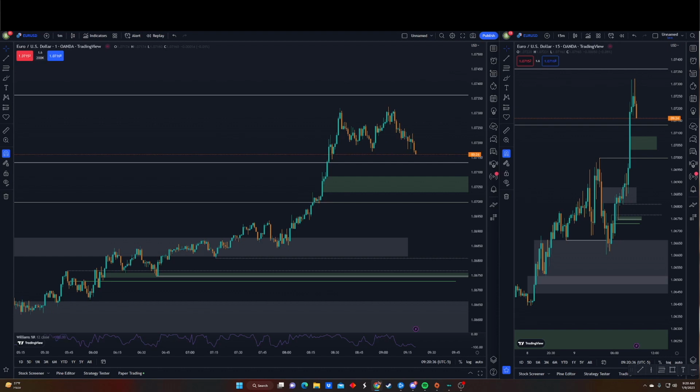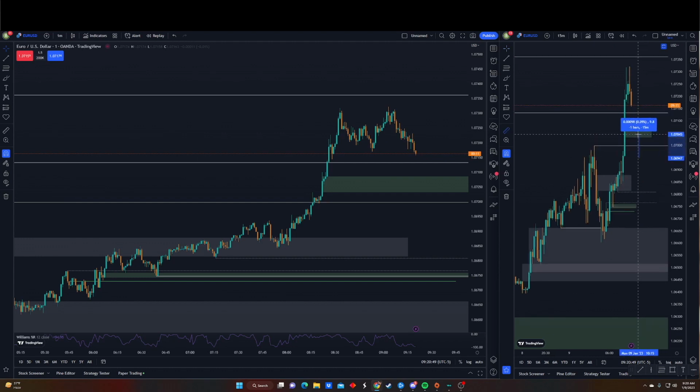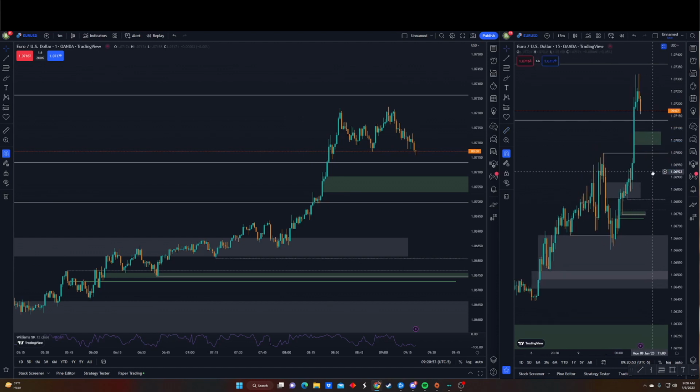If I were to go long inside of here, my stop would be just below that. We're looking at a 14 pip stop.